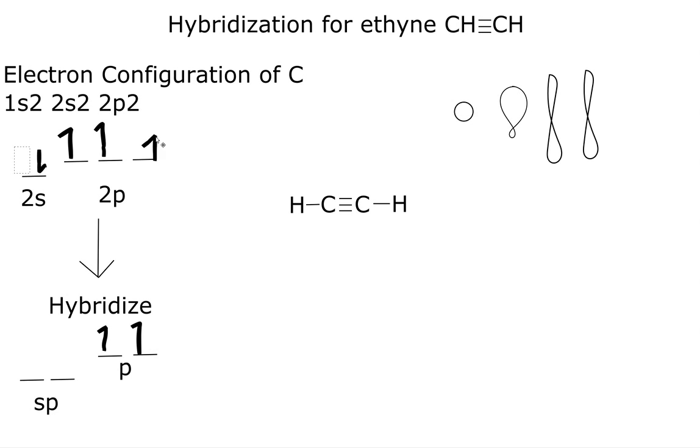We can do that because there's a very low energy gap between these. And we are going to hybridize the 2s with one of the two p's. So when we do that, we will be creating an sp. So we're hybridizing the s orbital and one of the p's. We're leaving two of the 2p's alone.